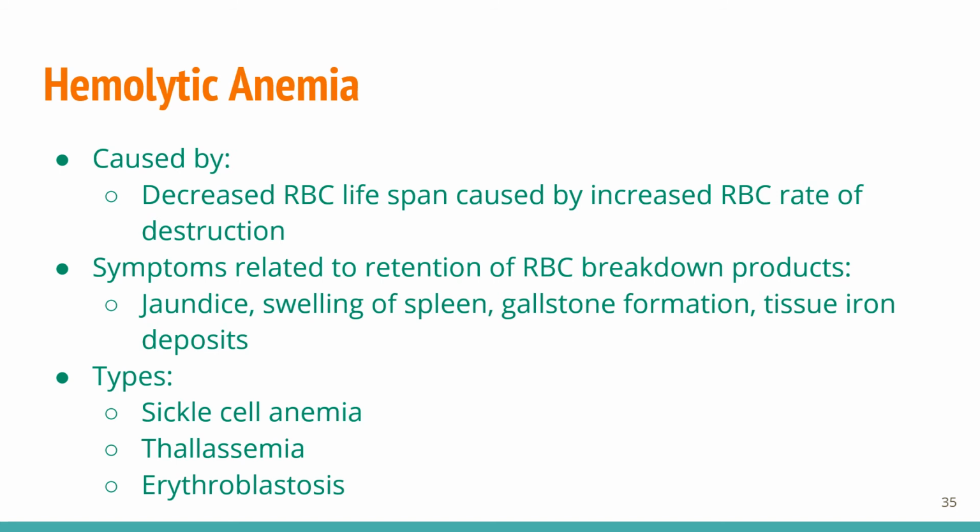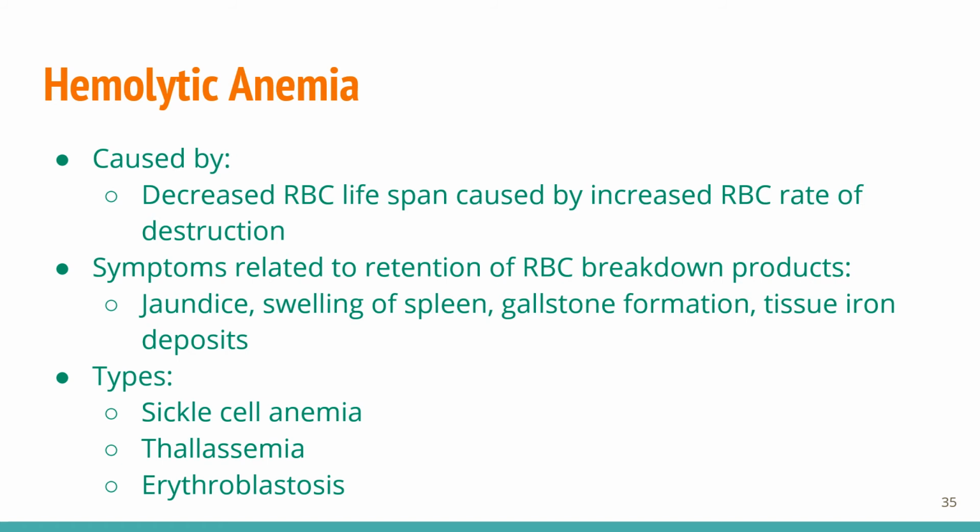Something is breaking down. It is caused by a decreased red blood cell lifespan, which is caused by an increased rate of red blood cell destruction. So you have a shorter lifespan for some reason of your red blood cells. They're breaking down, they're being destroyed.